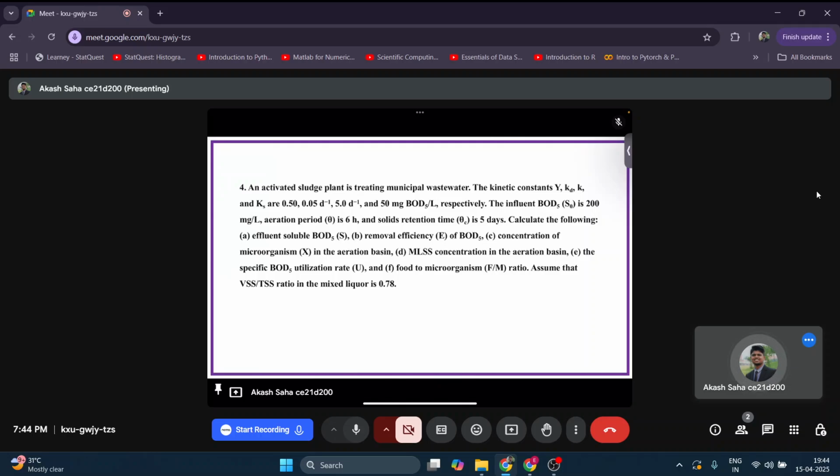Assume that the VSS by TSS ratio in the mixed liquor is around 0.78. Okay, so try to solve this by yourself and then I'll give you the solution.